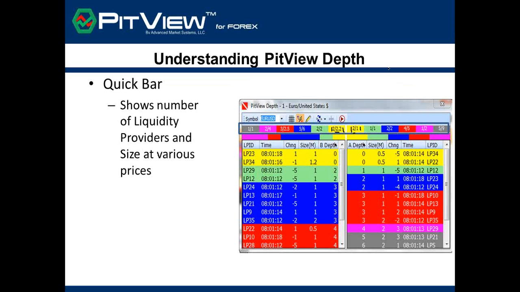So when you look at that best bid and ask, this little color bar shows how many liquidity providers are at the best bid and ask and what their size is. And as it goes to different colors, it's showing you outside of the best bid and outside of the best ask how many liquidity providers are there and the actual size of the market at those levels.